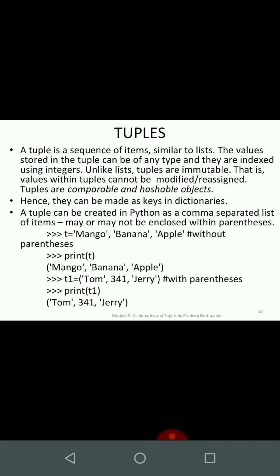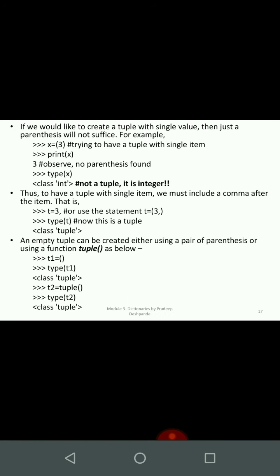This is one example which does not have a parenthesis. If you print t, it will be displayed within the parenthesis. Another example we have t1 equals to Tom, 341, Jerry. This is with parenthesis, that we have given a parenthesis to the items. That is one example with parenthesis.